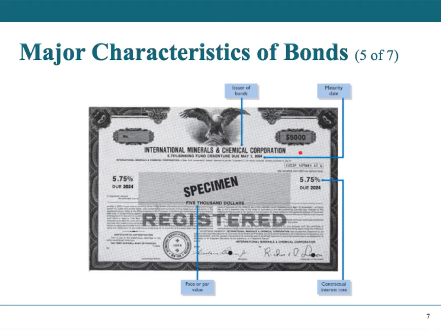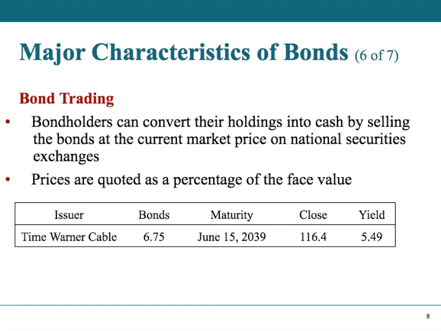And here's your contractual interest rate, specified on the bond certificate. Bonds are traded very similar to stocks, so that's why the small denominations are nice. If you have $1 million worth of bonds, but they're all in $1,000 denominations, you can sell some and not your whole $1 million investment as a bondholder.